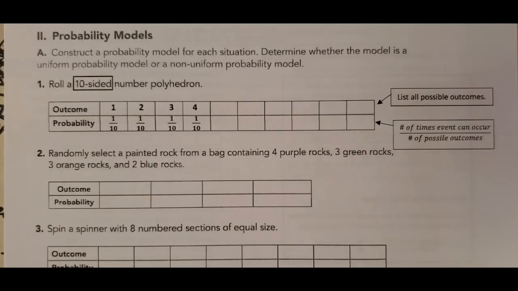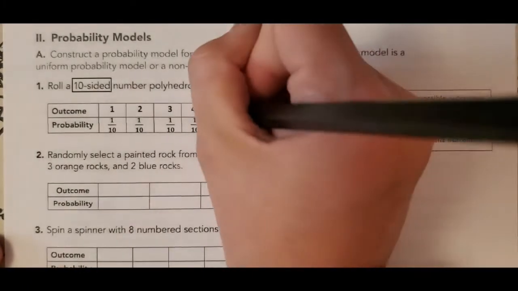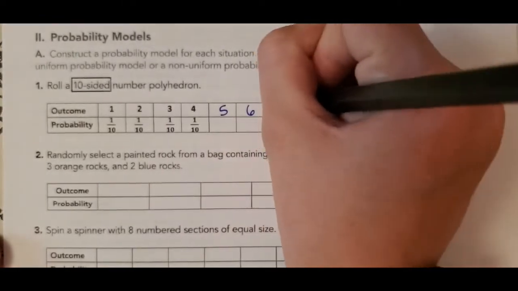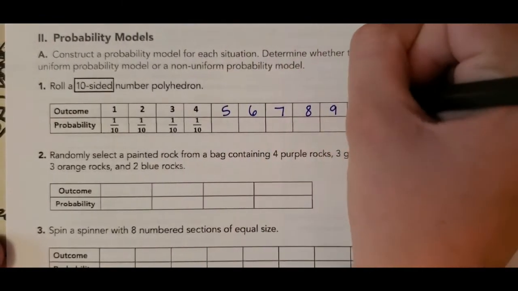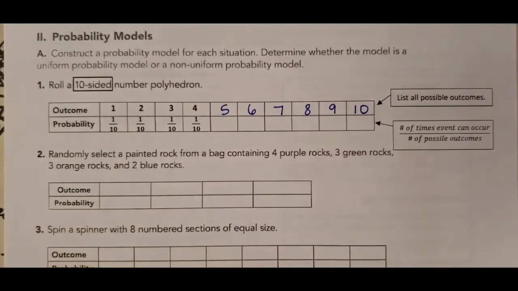So number 1 is you roll a 10-sided number polyhedron. So the outcomes, remember, are what can you get. So if I have 10 sides, and I'm guessing they're numbered 1 through 10, you can get 1, 2, 3, 4, 5, 6, 7, 8, 9, and 10. Now they're all equal chances as well.